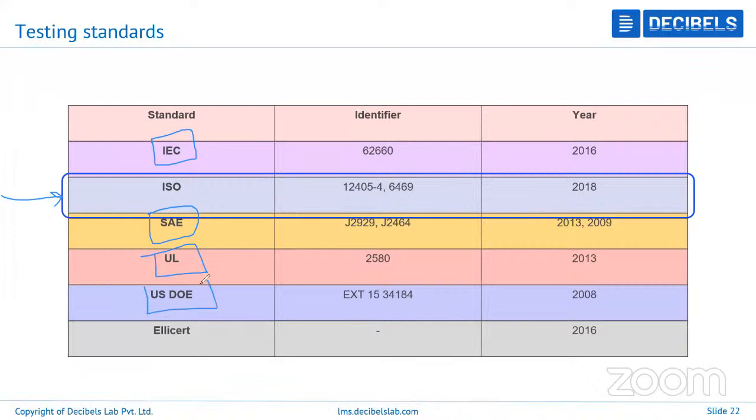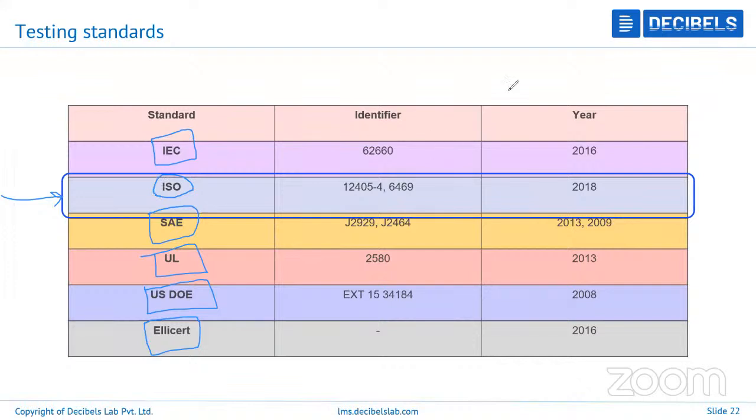Then you have the US Department of Energy, which is specific to hybrid electric vehicles and also fully electric vehicles. And then you have ELICERT, which is also for automotive applications. All of these are the different testing standards, but we usually follow ISO standards.